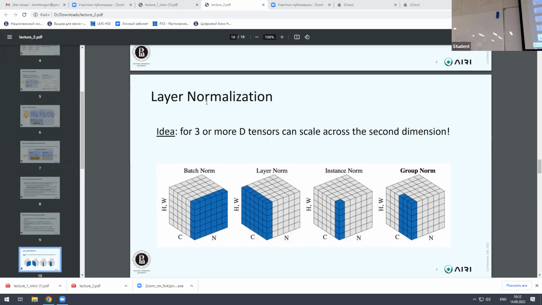Each word is represented by a vector. Let this be the first text, I hope it's visible for those who are in Zoom, and let this be the second text. Of course, what we can do is normalize the vector corresponding to the first word with respect to all the first words from the texts in our batch.